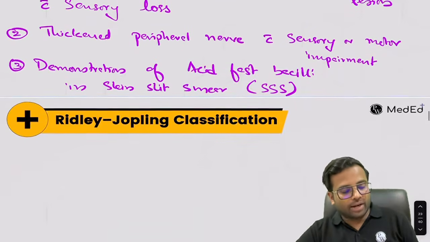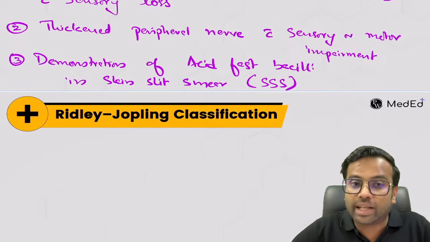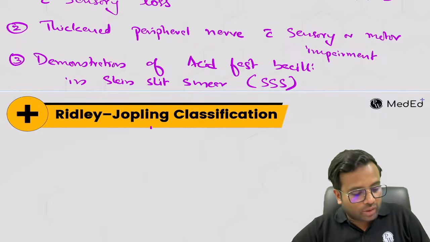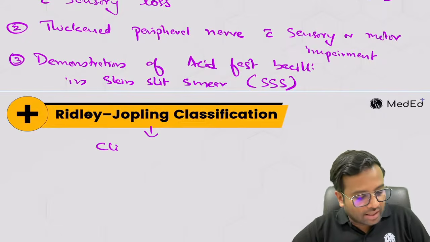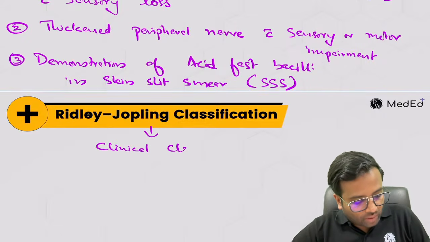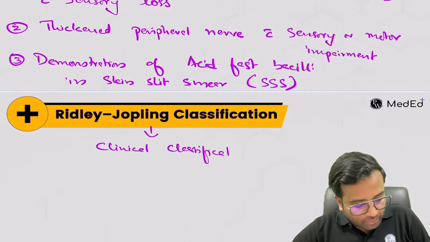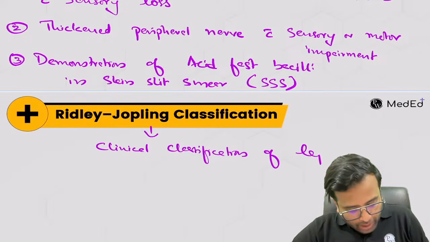And then we will write down the Ridley-Jopling classification, because this is the clinical classification of leprosy.